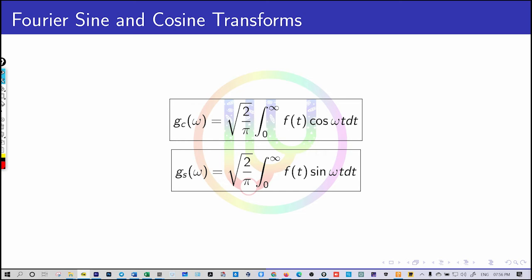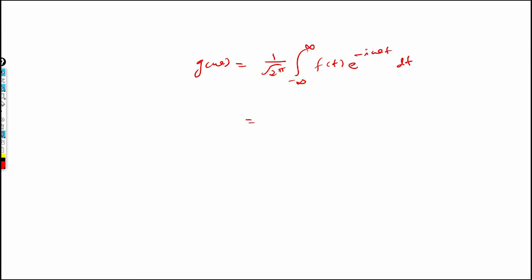Okay, now we move on to Fourier sine and cosine transform. So what we have is g of omega is equal to 1 by root 2 pi integral minus infinity to infinity f of t e raised to minus i omega t dt, right? So what can we do with this? We can split it into two. We can write this as 1 by root 2 pi integral minus infinity to infinity f of t into e raised to minus i omega t, which we can write as cos omega t minus i sin omega t, dt.